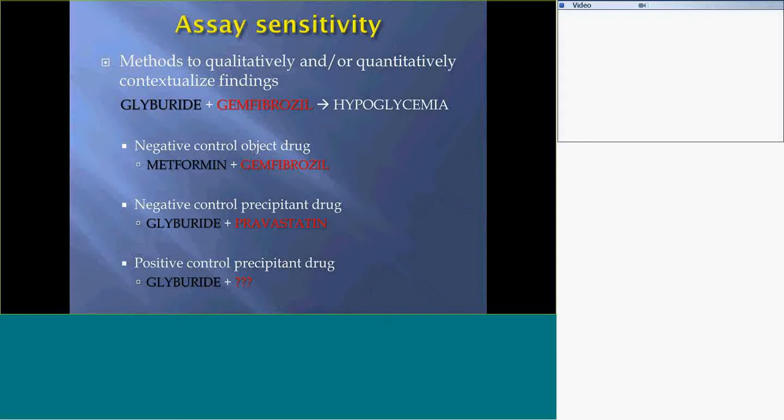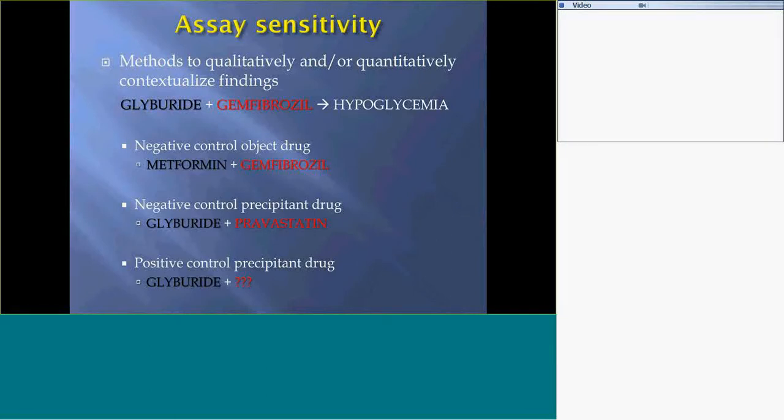But you can imagine, to contextualize the hazard ratio or whatever effect estimate you get out of that study, you might also want to include users of a negative control object drug, that is metformin and gemfibrozil. Metformin isn't metabolized by the liver. It's completely renally excreted.